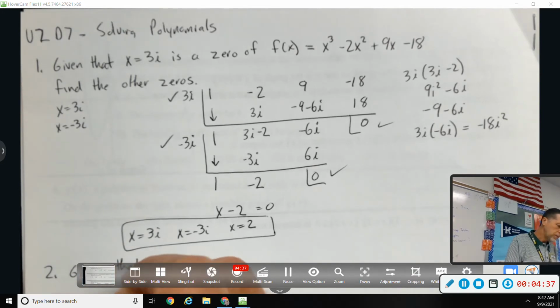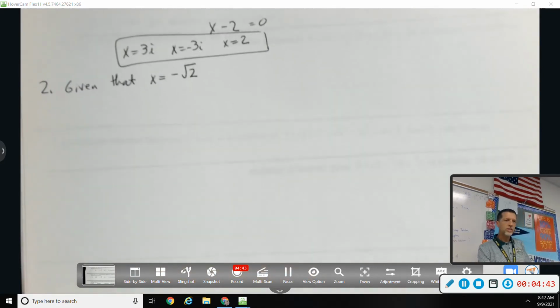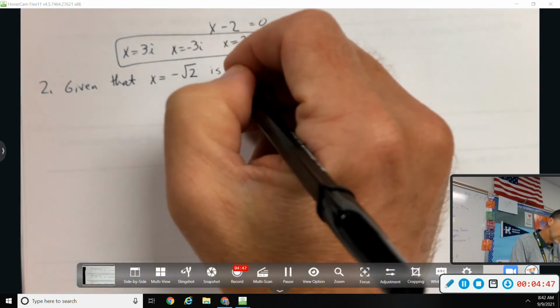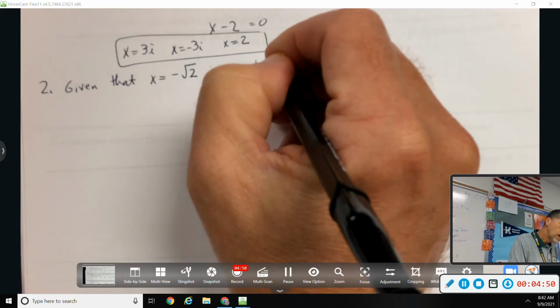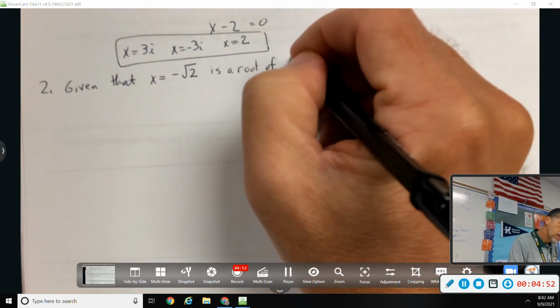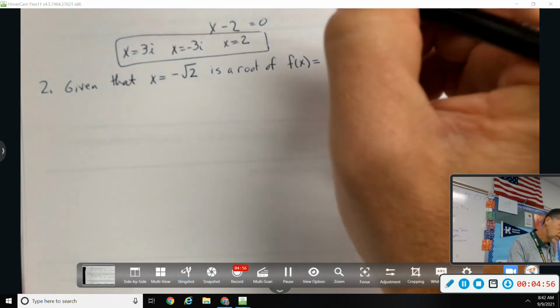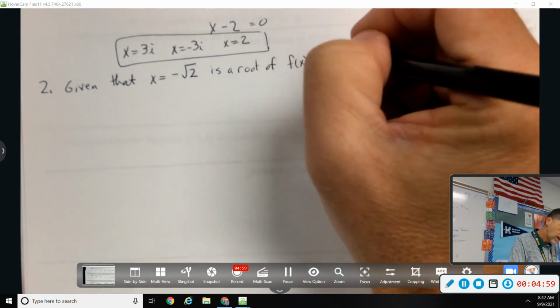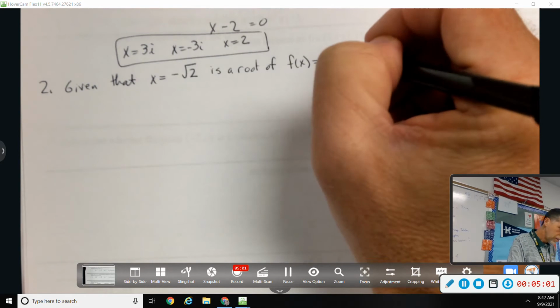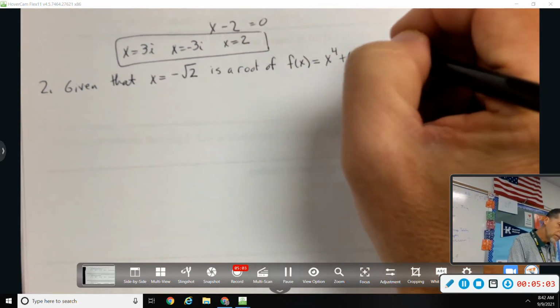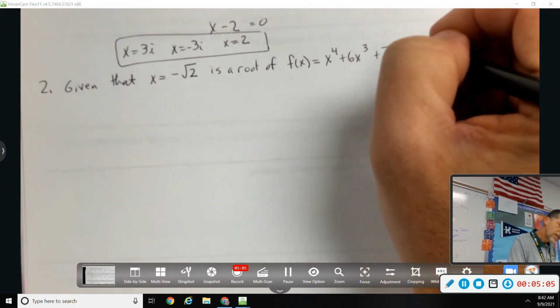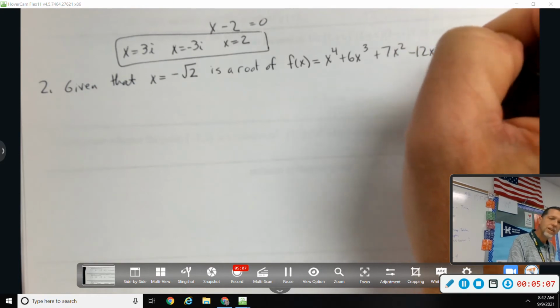Same type of problem, but with a square root. Given that x equals negative square root of 2 is a root of f of x equals x to the 4th plus 6x cubed plus 7x squared minus 12x minus 18.